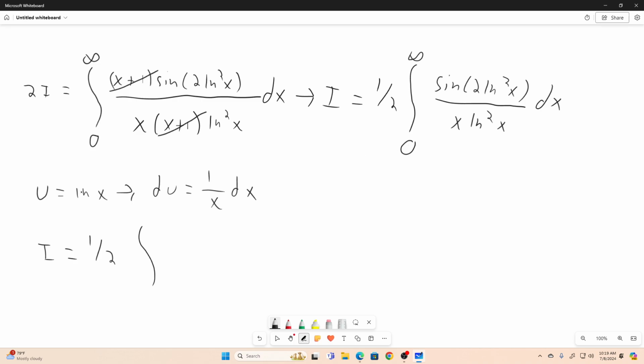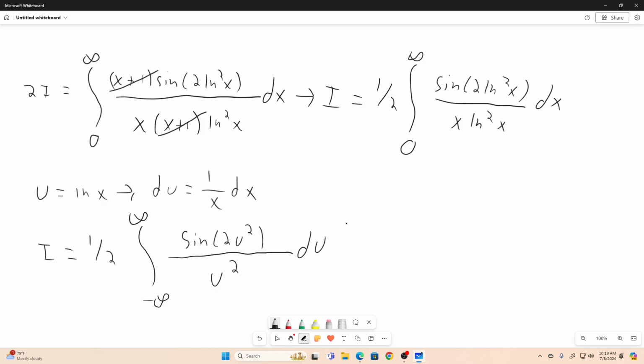Natural log, so now our u goes from natural log of 0, which is negative infinity, to infinity of sine of 2u squared over u squared, and then we have our 1 over x dx, which is equal to du.